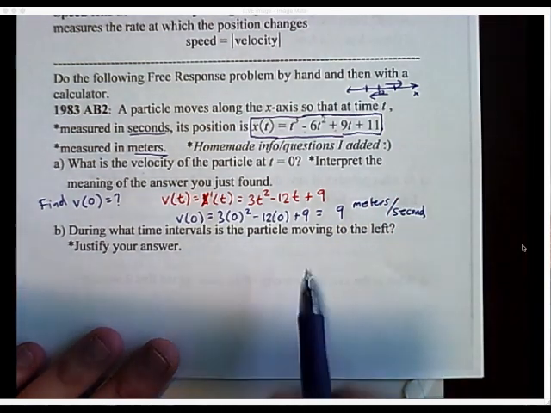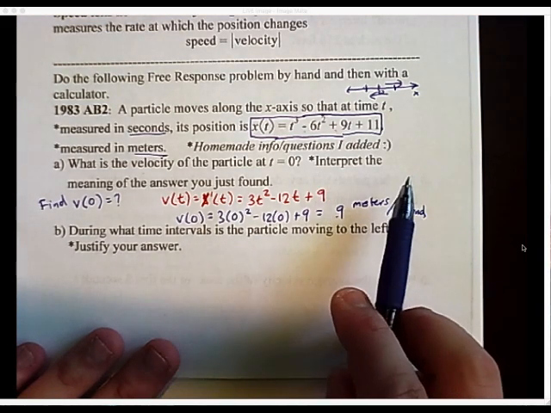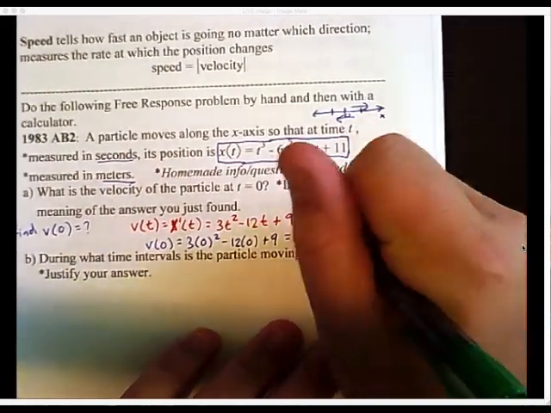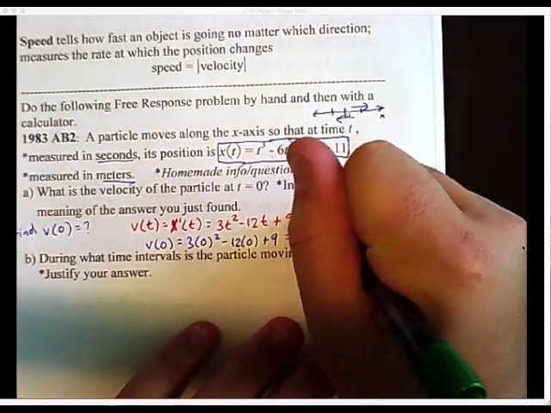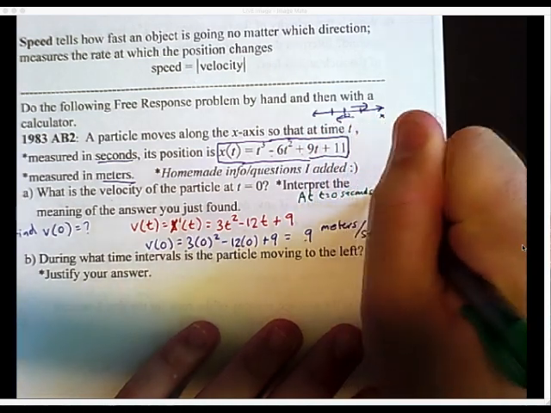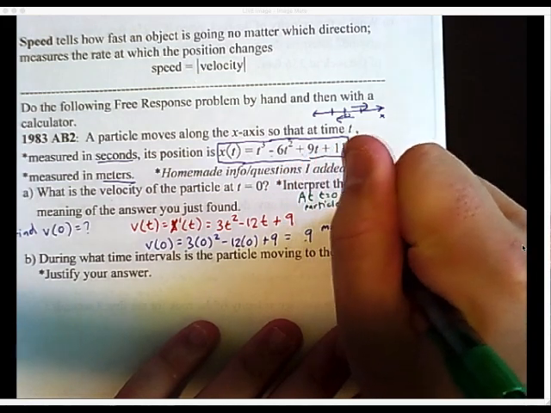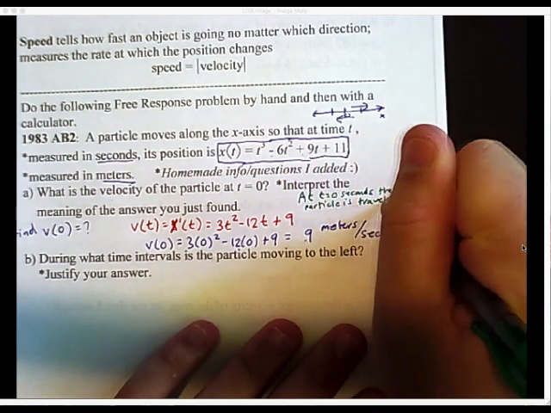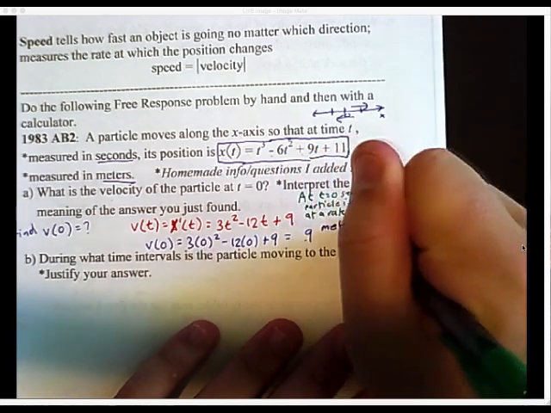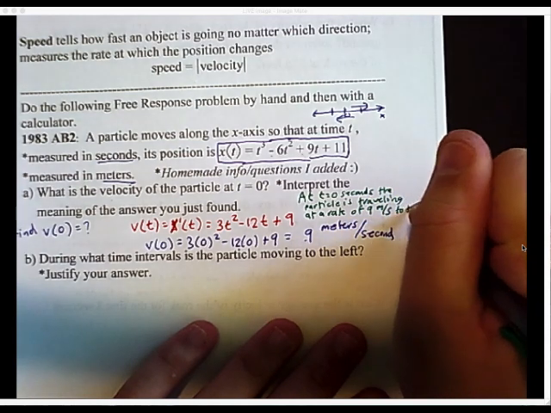And since this is a positive 9, that means the particle is traveling to the right. So we can interpret it this way: at time equals 0 seconds, the particle is traveling at a rate of 9 meters per second to the right.